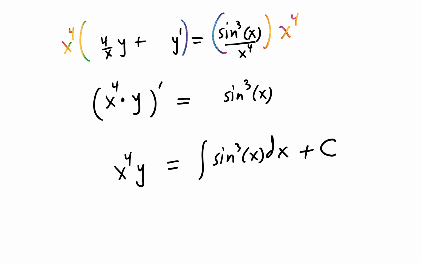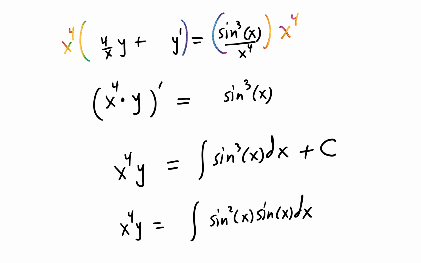How do we integrate sine cubed? To integrate sine cubed, we use trig integrals, where we rewrite it as sine squared x and save a copy of sine x dx, because the exponent is odd.